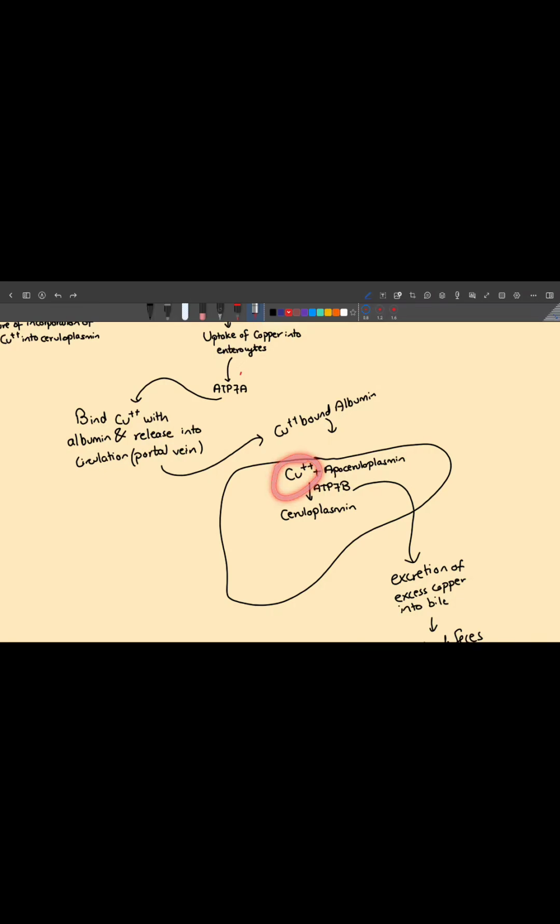Now copper combines with apoceruloplasmin in the liver in the presence of a protein called ATP7B. This leads to the formation of ceruloplasmin, the storage form of copper. This is distributed into various tissues, and eventually, if required, it can also be excreted.